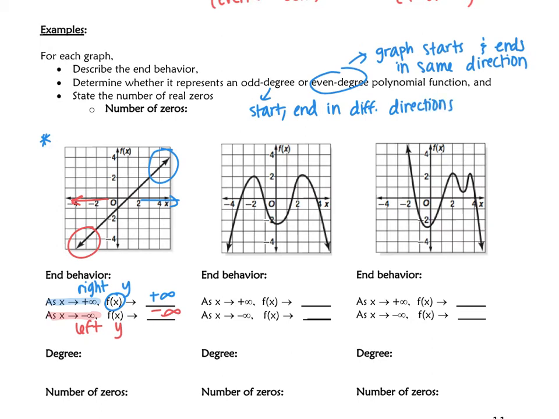In this case, we see the graph starts down, ends up. Different directions means this function has to be odd. Zeros is when the graph crosses the x-axis. So on our graph, our line crosses the x-axis once. So there is one real zero.